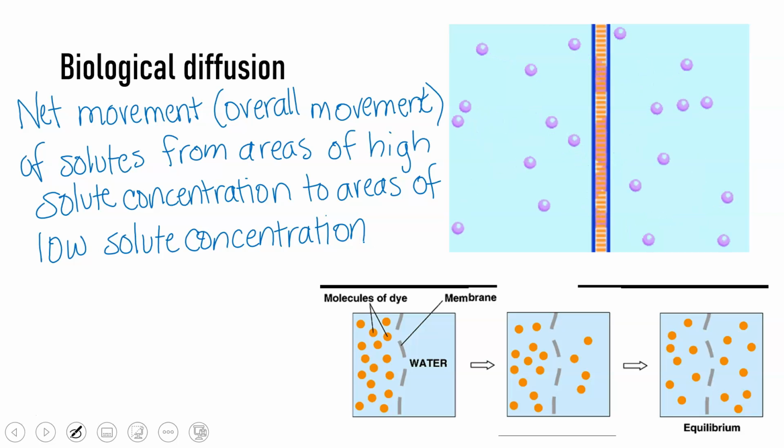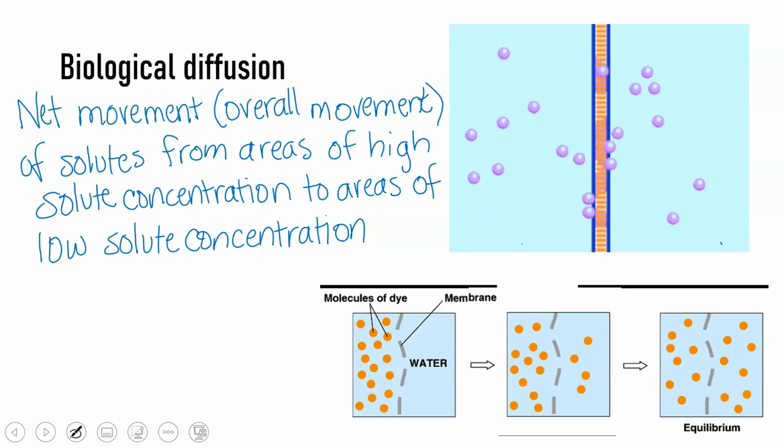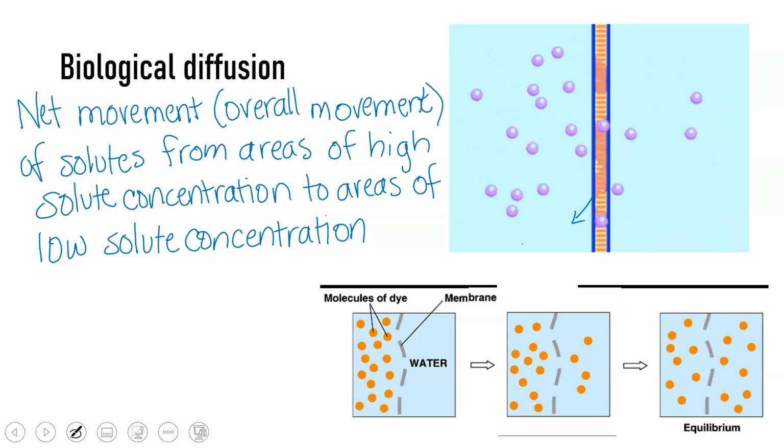So in this GIF, we can see this side starts with more molecules, and then the net or overall movement is towards this other side, which has fewer molecules. However, you'll notice that there are some molecules that are moving the opposite direction, like that molecule went that way, this molecule crossed the membrane this way, okay? So, unfortunately, this isn't the end of our definition.